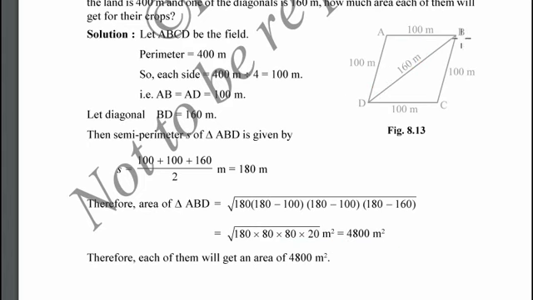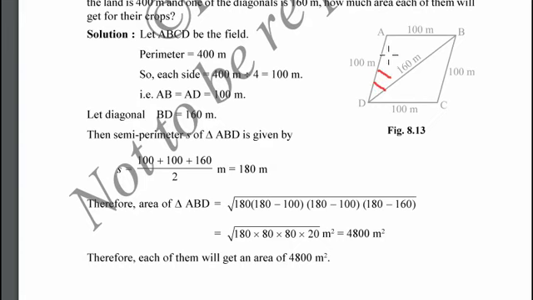Since this diagonal divides this rhombus into two equal triangles, calculating one triangle, the area of one triangle is sufficient. So daughter and son gets 4,800 meter square of area each.